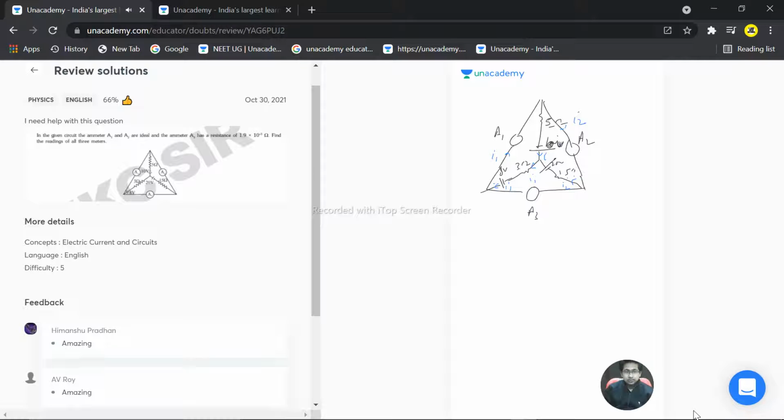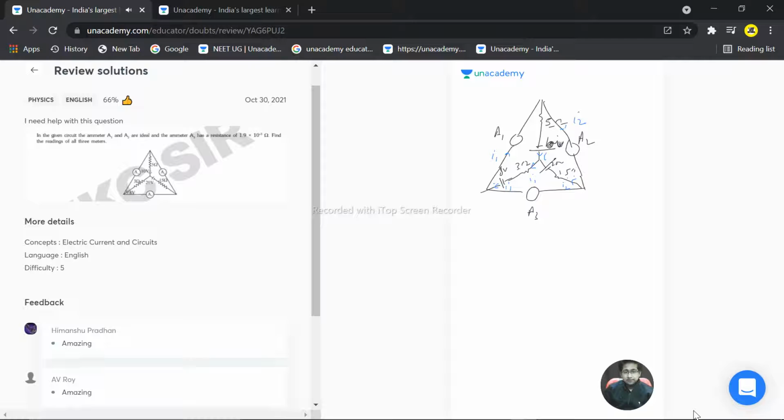A3 has a resistance of 1.9 milliohm, so that's given.